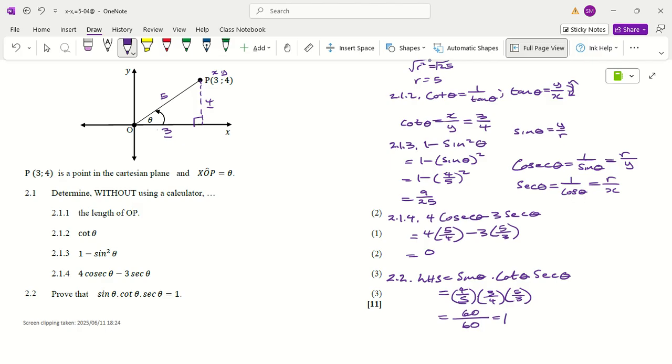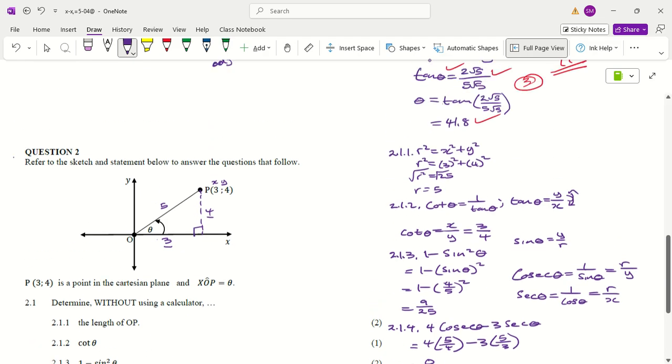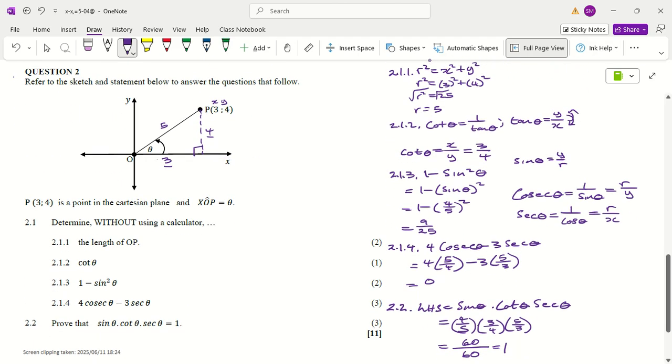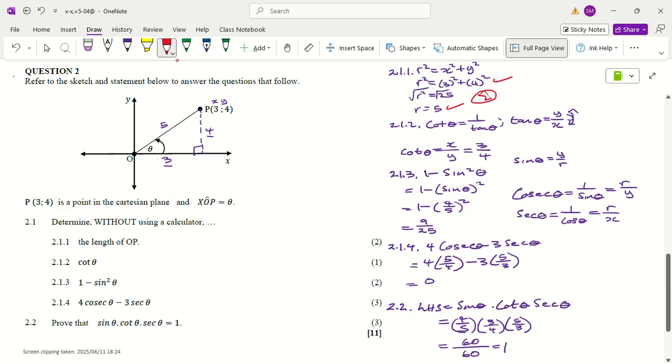So very simple then. And let's look at the mark allocation. For 2.1, we have 2 marks for Pythagoras and the value of r, that is 2. And then for 2.1.2, we have 1 mark for the ratio there. 2.1.3, we have 1 mark for substitution, and then another for the answer, that's 2 marks.